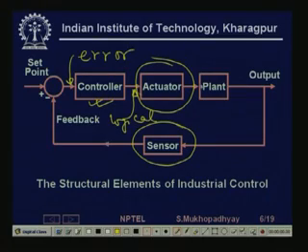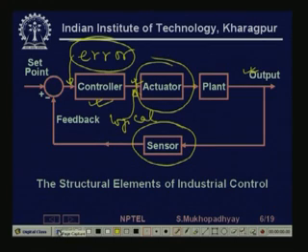For that you need what is known as an actuator. The job of the actuator is to produce a physical change which is proportional to the logical change commanded by the controller, and then hopefully the plant output will change in such a manner that the error will reduce. So this is the job of control.